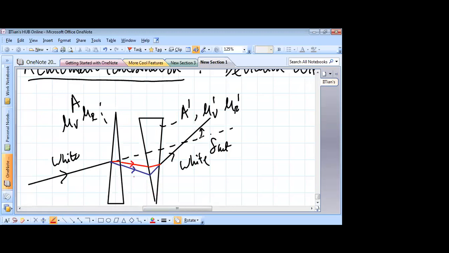You just imagine reversibility over here. Suppose light was coming from this side, then this would happen. So for this first one, you can see that this here is the angular dispersion. For the second one, this reverse is the angular dispersion. So we produce this final light back.